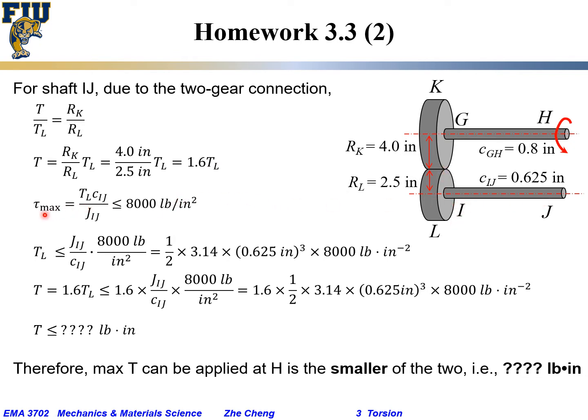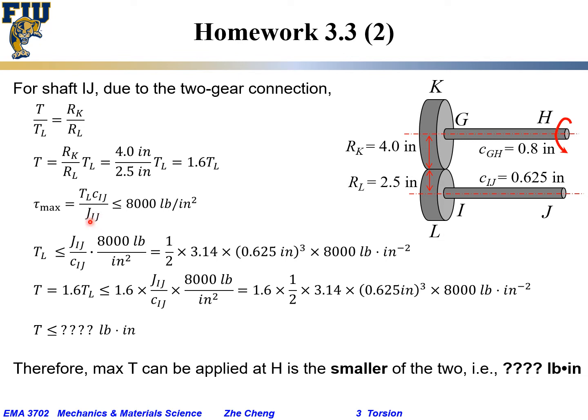Then, similarly as before, for the IJ shaft, the maximum shearing stress also has to be smaller than 8,000 psi, or 8,000 pounds per square inch. So tau max again would be Tc over J, and T in this case would be the net torque on the L gear, or the internal torque for IJ, which is the same, times Cij. Cij would be the radius of the IJ shaft, and Jij would be the moment of inertia for the IJ shaft.